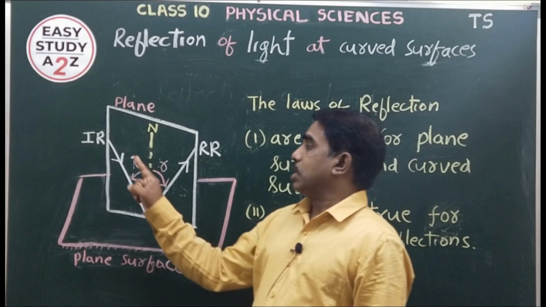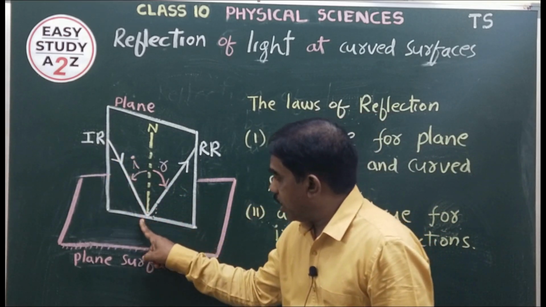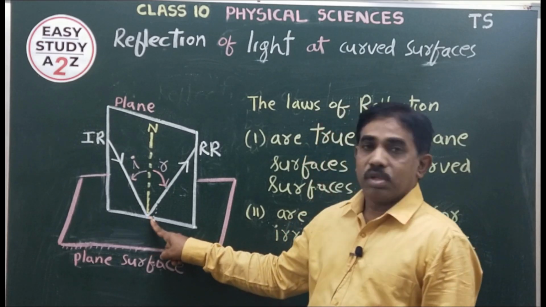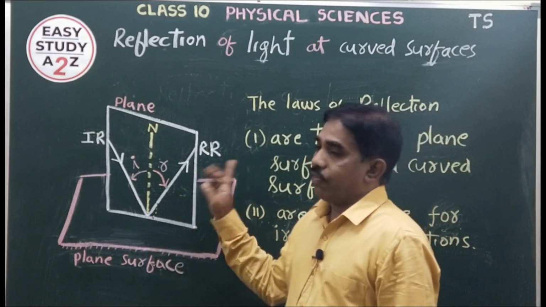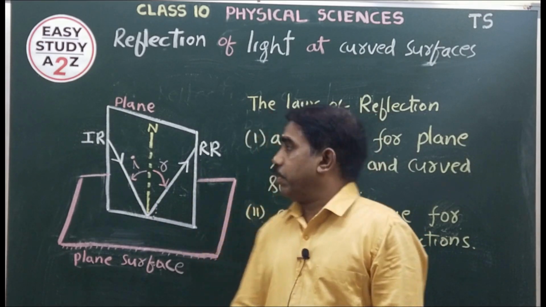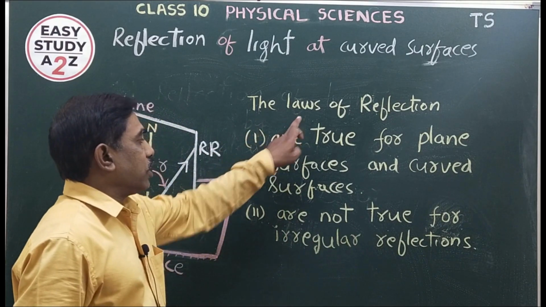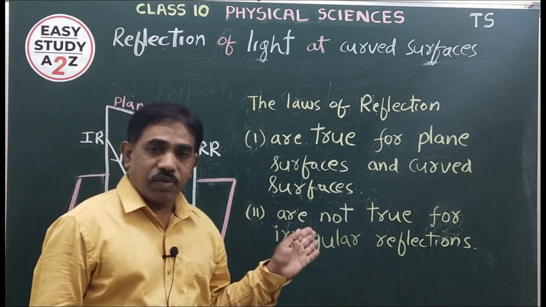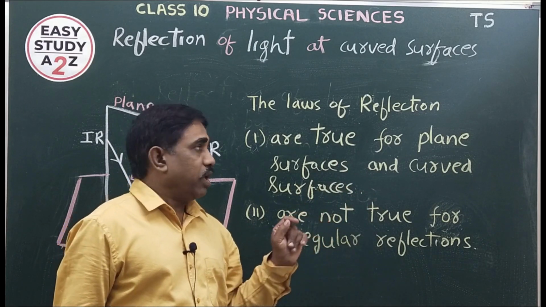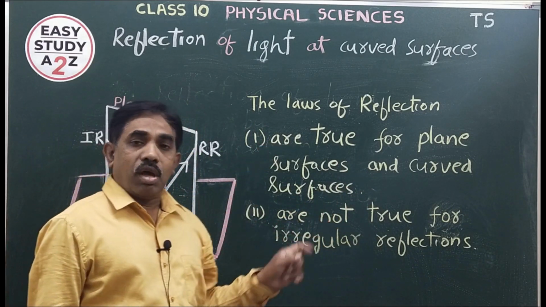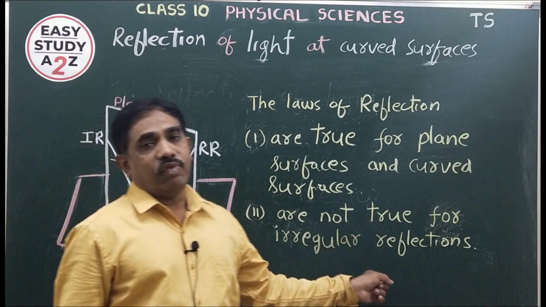The speed, frequency and wavelength of the incident ray are equal to the speed, frequency and wavelength of the reflected ray. Also remember, the laws of reflection are true for plane surfaces and also true for curved surfaces, and the laws of reflection are not valid for irregular reflections.